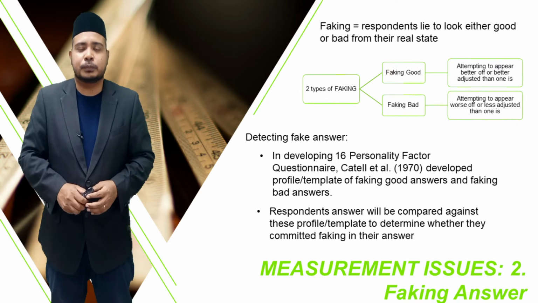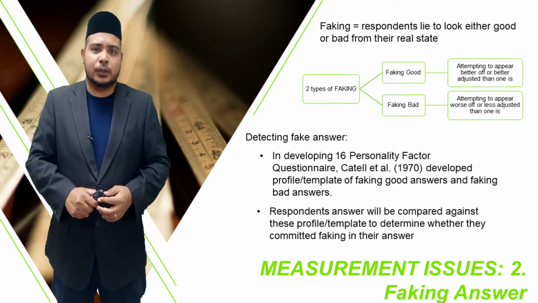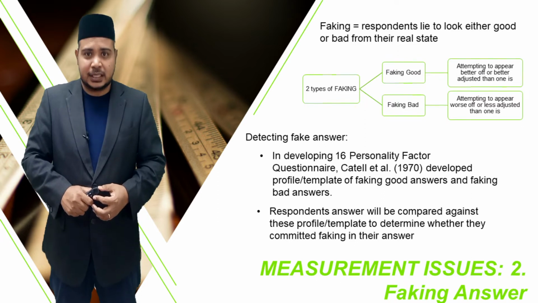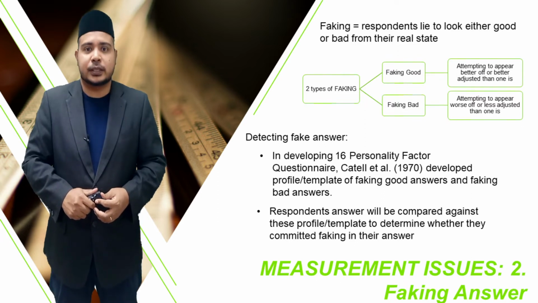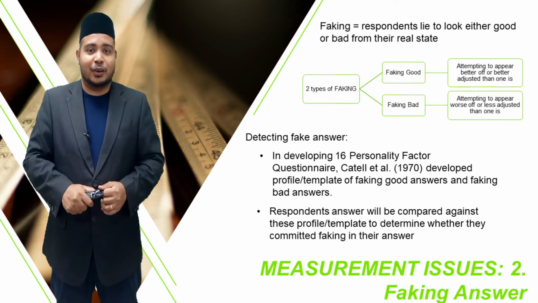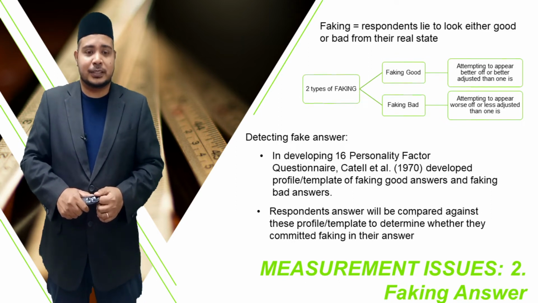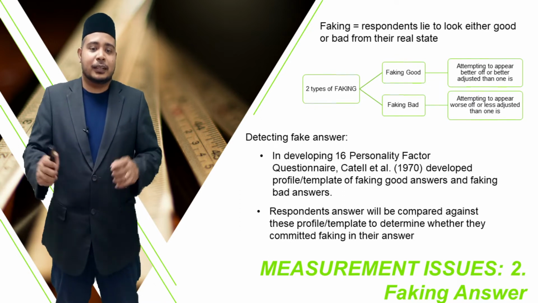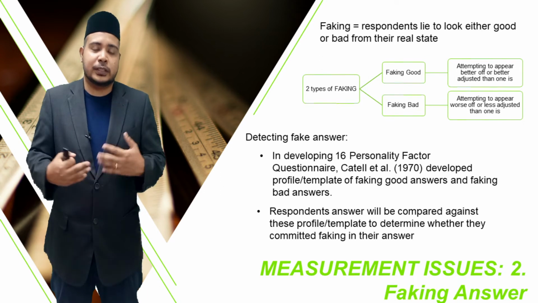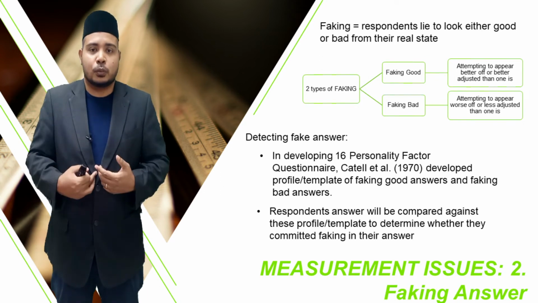For example, people who are perfectionists like to exaggerate their weaknesses. They are not that bad, but they consider themselves the worst people on earth. For example, talking about myself, I am not a perfectionist. So faking bad.